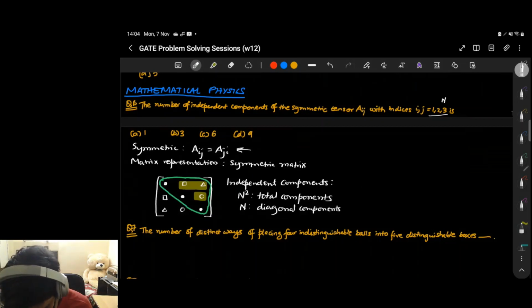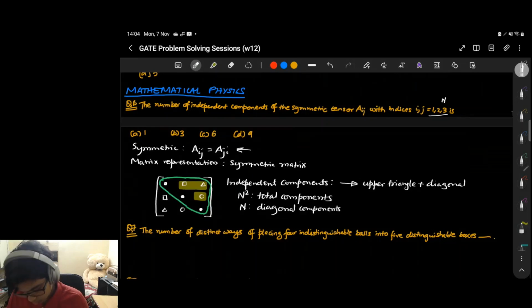How many upper triangular elements are there? The number of independent components is upper triangular plus diagonal, which is also equivalent to total minus lower triangle.